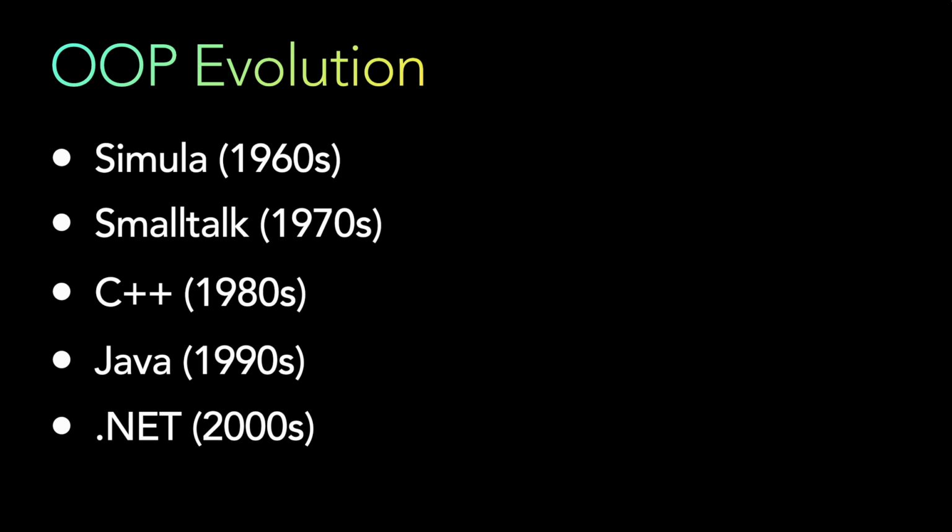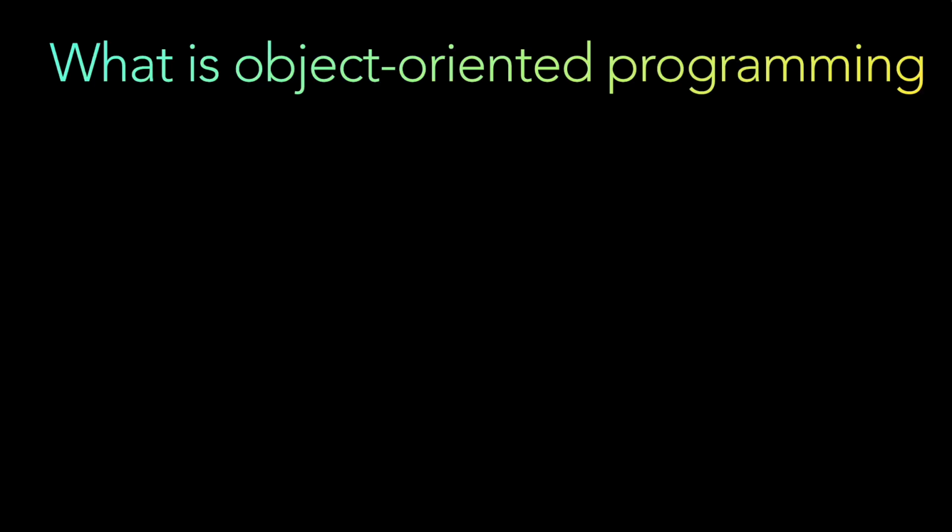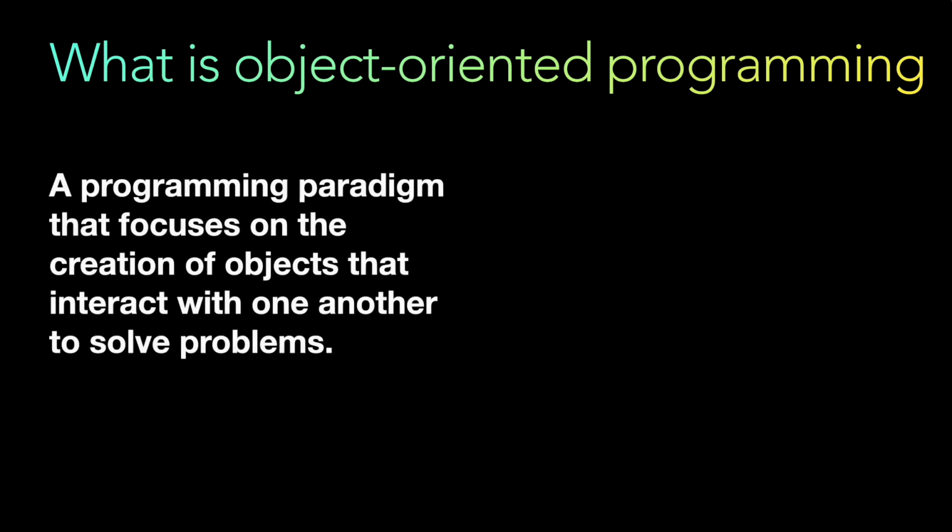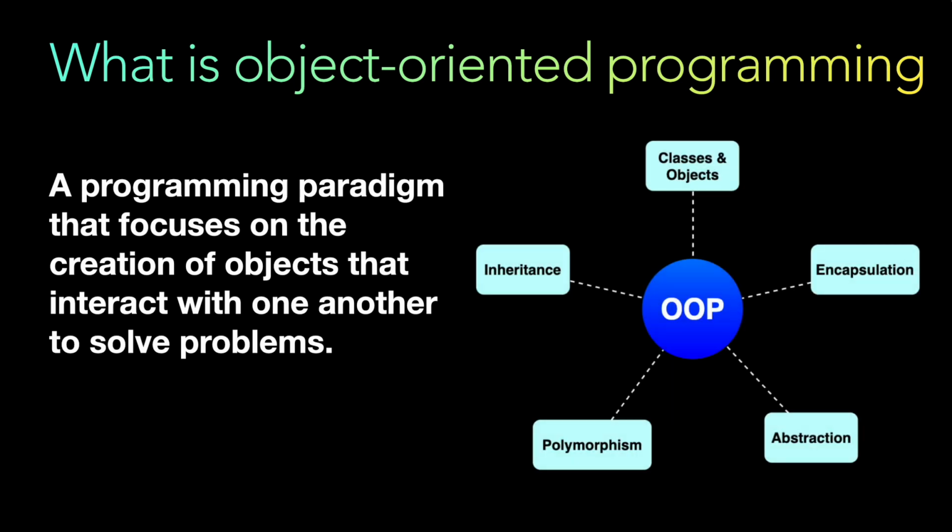So now let's jump into what is object-oriented programming, right? It is a programming paradigm that focuses on the creation of objects that interact with one another to solve a problem, right? It emphasizes the concept of objects and classes, and there are a few primary concepts around object-oriented programming, like inheritance, encapsulation, polymorphism, and abstraction, right?